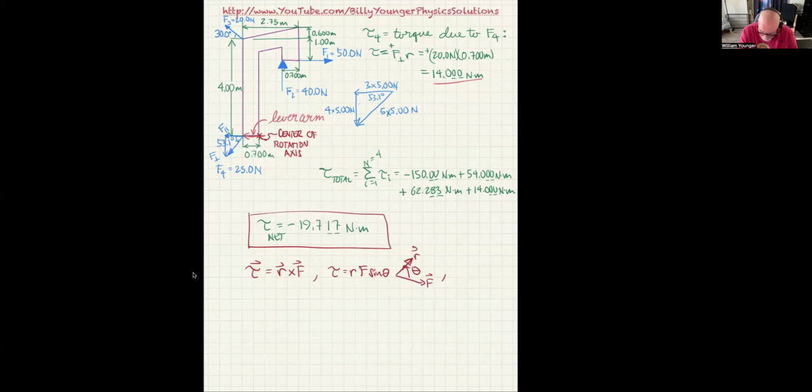Again, it's really a pseudovector. Look at your section in your book about pseudovectors and rotational vectors and that sort of thing. We also had the formula torque is equal to R perpendicular times F, and we had the formula F perpendicular times R. And in this one problem, we were able to show all of them being used.